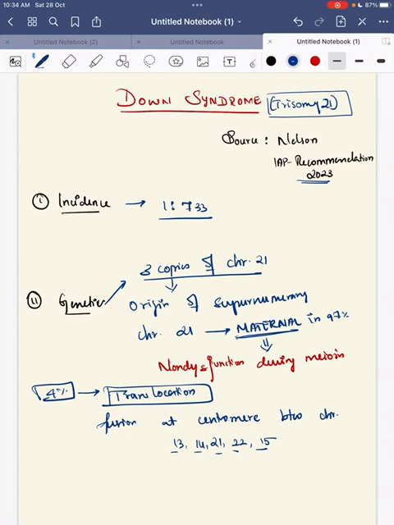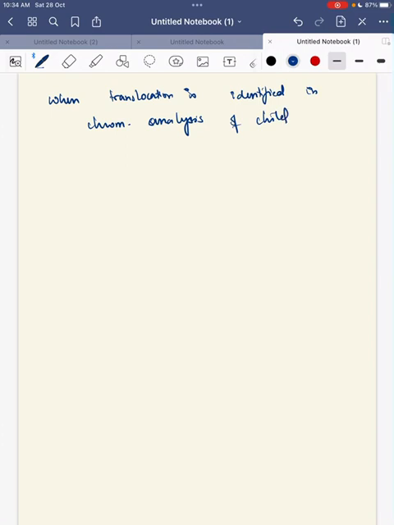When you find the child to have the features of Down syndrome, next you will do a chromosomal analysis, that is karyotyping. When a translocation is identified in the chromosomal analysis of the child, next you have to do parental chromosomal studies.